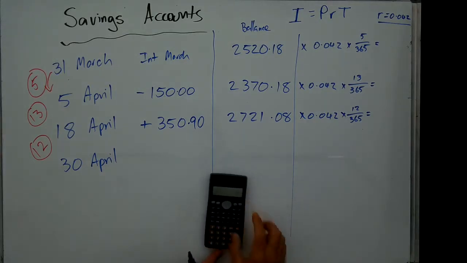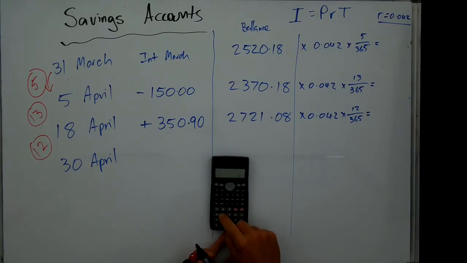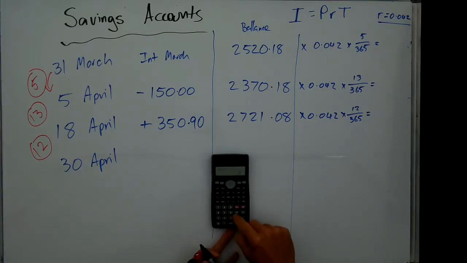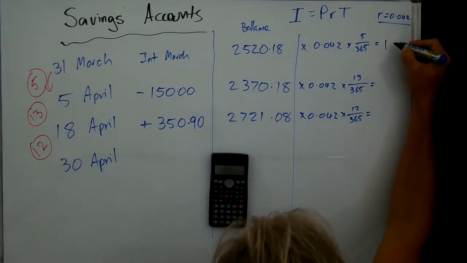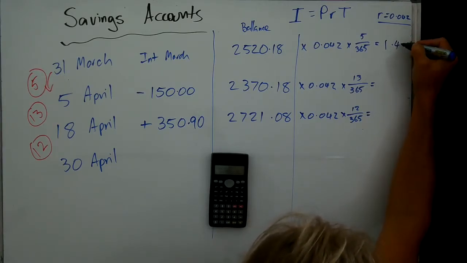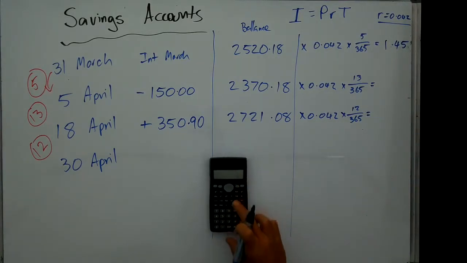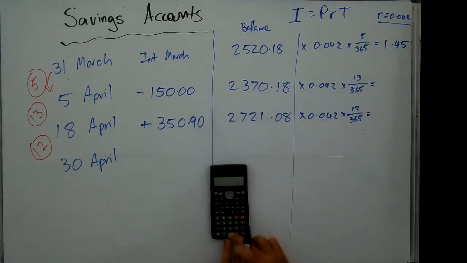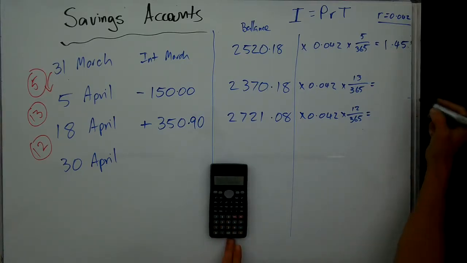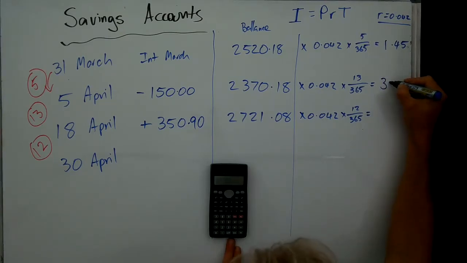So, calculator. 2, 5, 2, 8, 5, $1. Let's round these. $1.45. The next one. 2, 3, 70.18. 2, 9, 13, 5, $3.